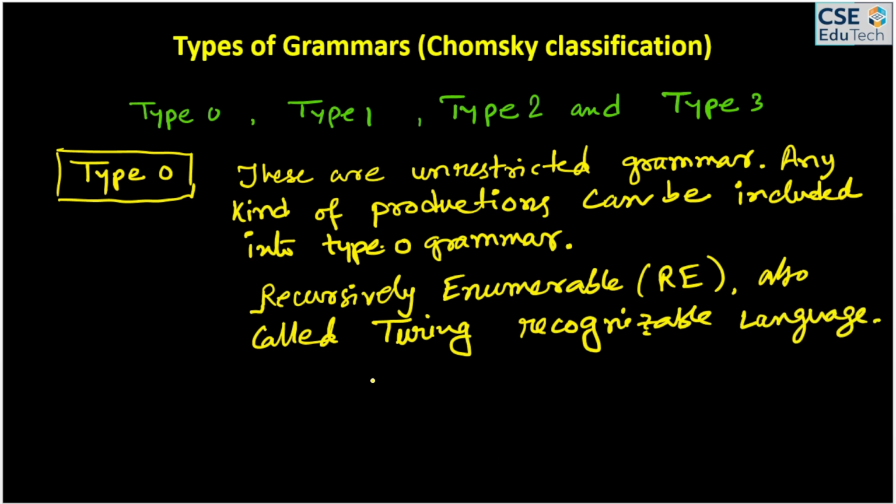Now, what is the production form of this type 0?